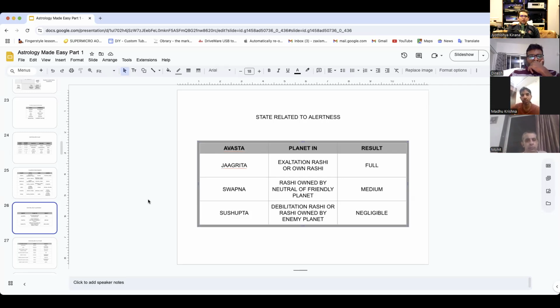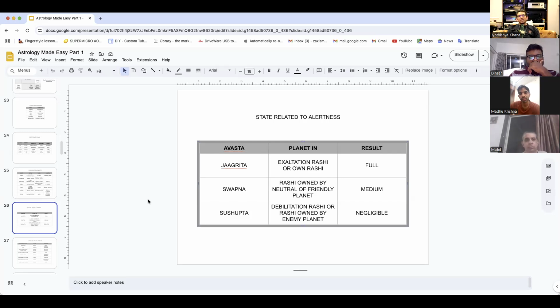The problem with this understanding is you will not understand fully if you don't understand divisional charts. The same graha can give you an active result in one part of life, but can become inactive in another part of life. So it kicks in at that time. So now Dinesha is telling there are two avasthas for the same graha.